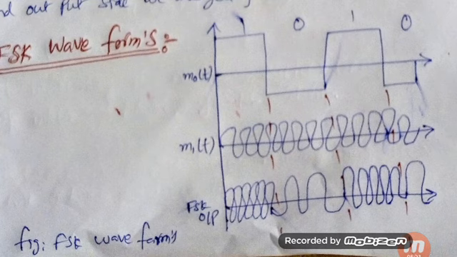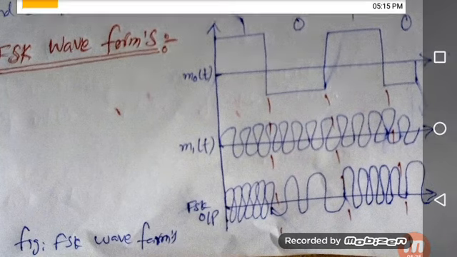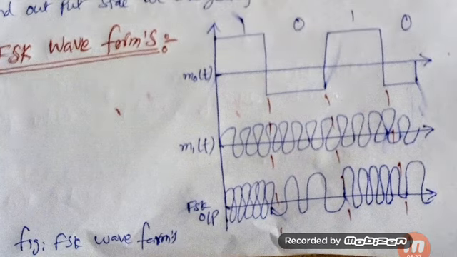In the period of one interval, the frequency occupies the maximum frequency. If the digital information is zero, the amplitude of the carrier will change with respect to time.